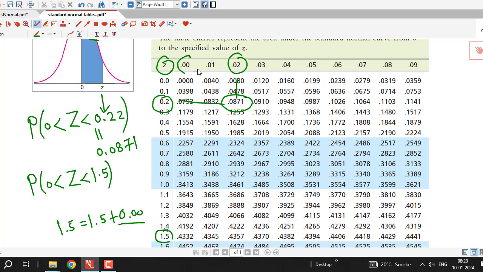So in this row I have to look for 0.00 and here for 1.5, and whatever is the intersection, that is our probability that z lies between 0 and 1.5. So this is how we find out the probabilities that capital Z lies between 0 and some value of z using this standard normal table.